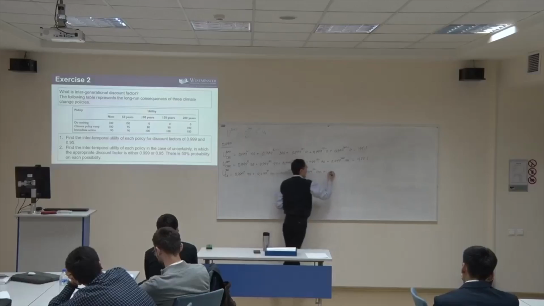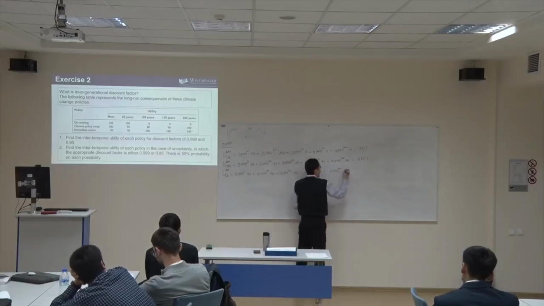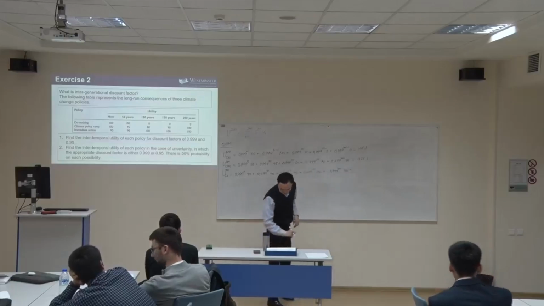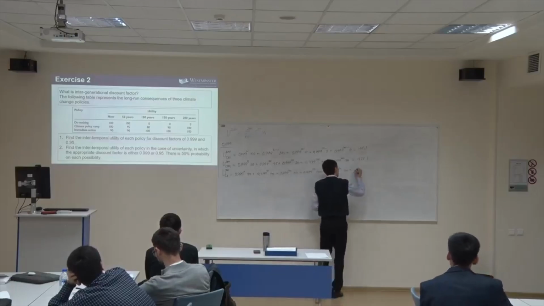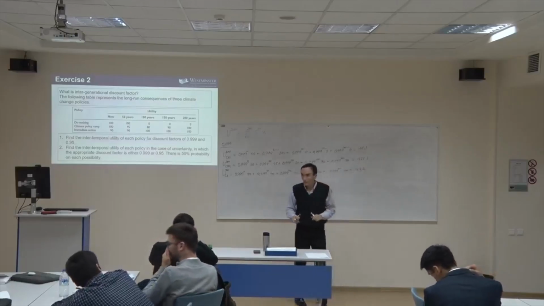And the last period, the 0.999 discounting factor to the power of 200 times 100. If you calculate this, it will give you a number equal to 434.